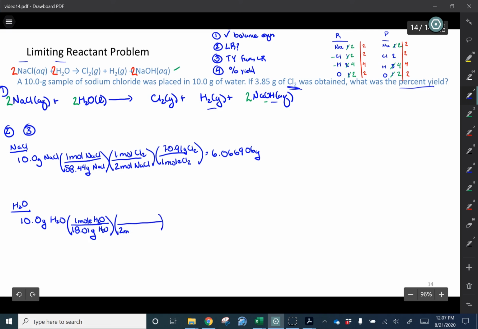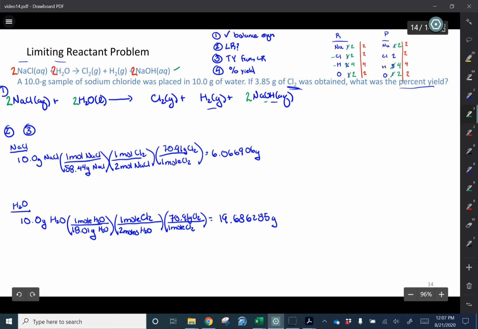And again, 2 moles of water, 1 mole of Cl2, 1 mole of Cl2 is 70.91 grams of Cl2. Plug and chug this, and we get out 19.686285 grams.